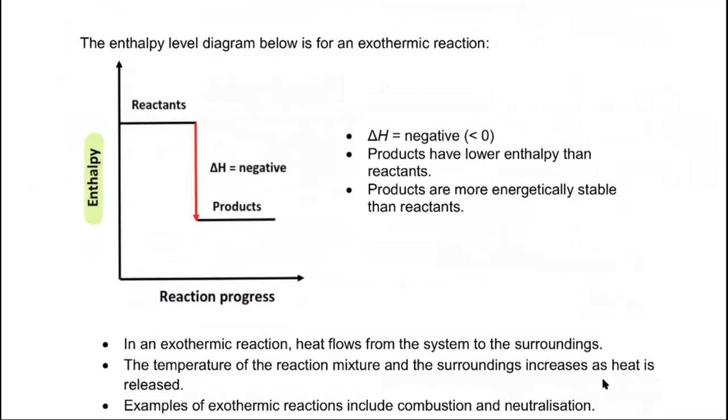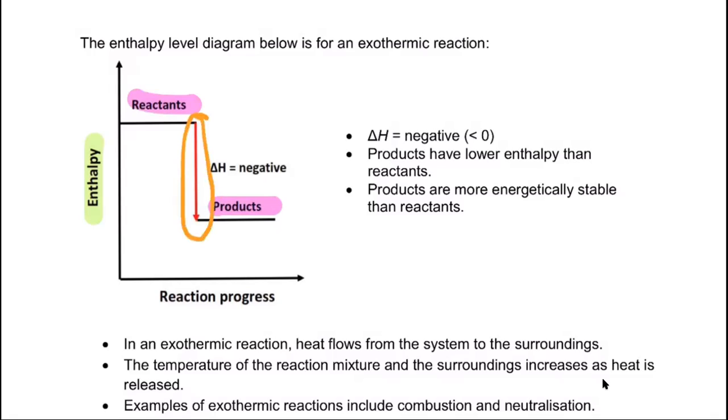What happens is you have your reactants, and they have a certain amount of enthalpy because the energy is contained in their chemical bonds. After your chemical reaction happens, your products end up with a different amount of enthalpy. On this diagram, this arrow is pointing downward.